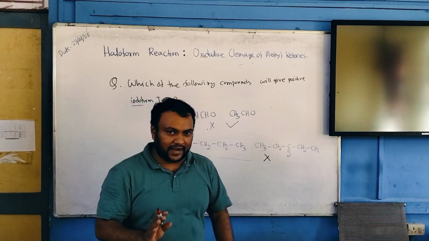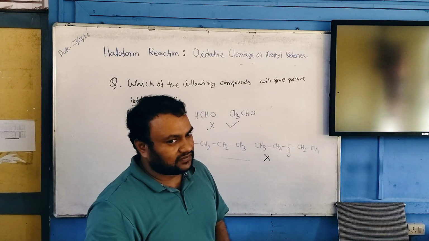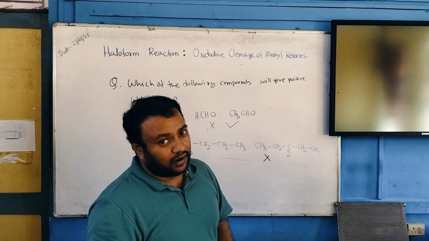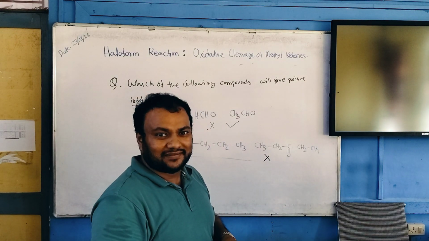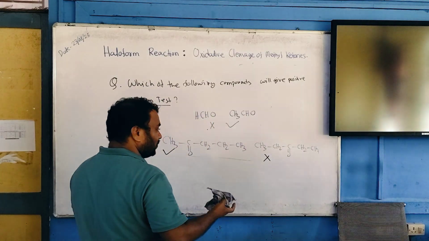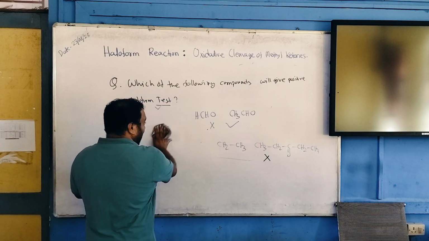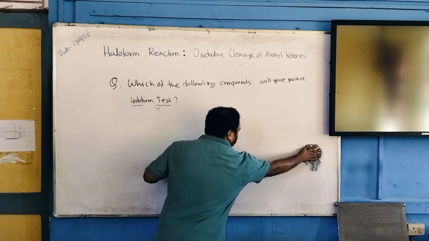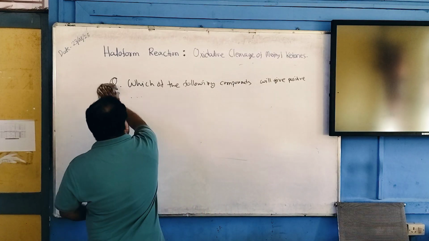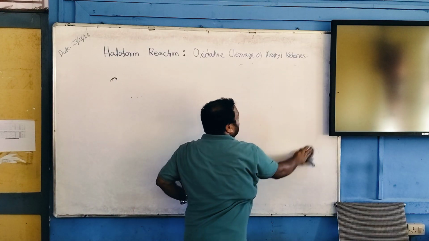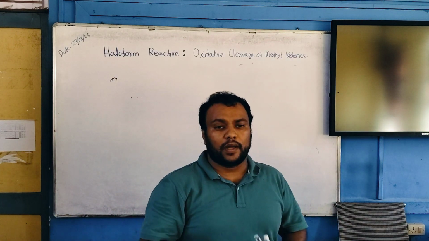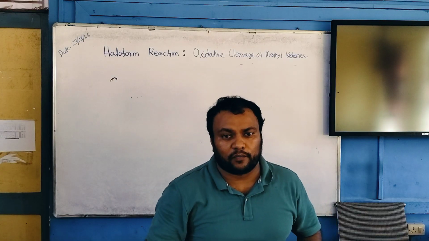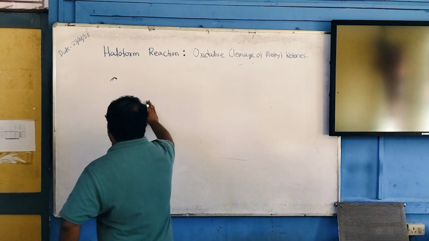Now you understand that this haloform reaction is very useful in distinguishing between isomers, right? Alcohols, ketones, aldehydes, very useful. Now you must remember that there are compounds which contain a keto-methyl group but do not give a positive iodoform or haloform test.